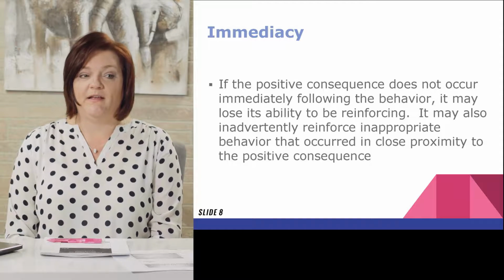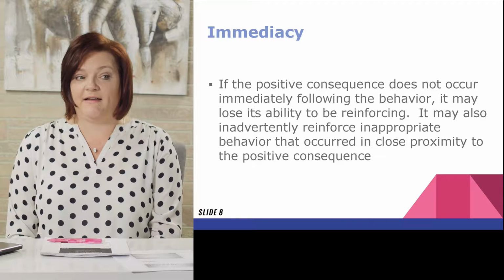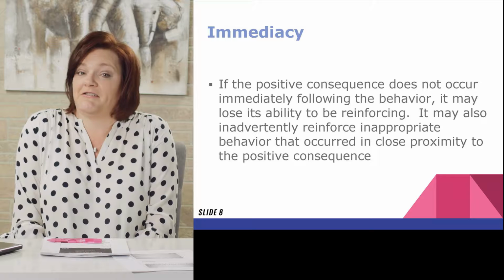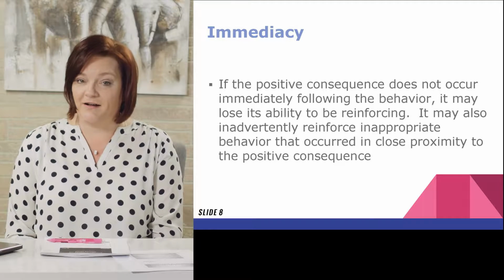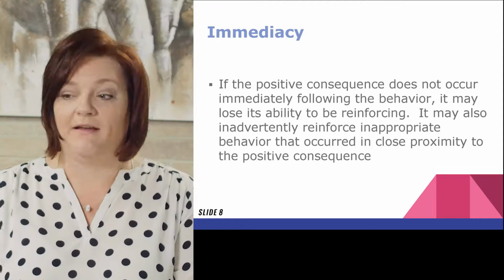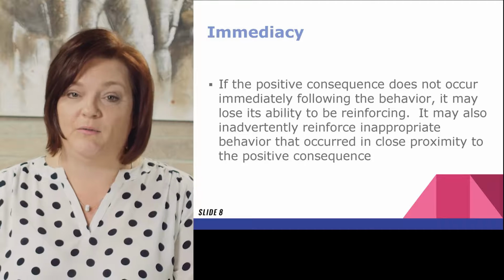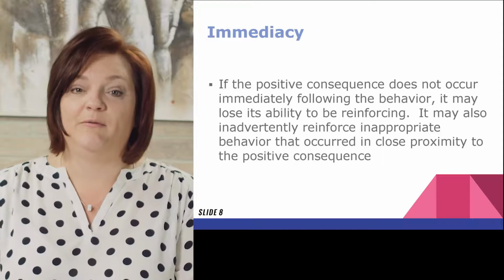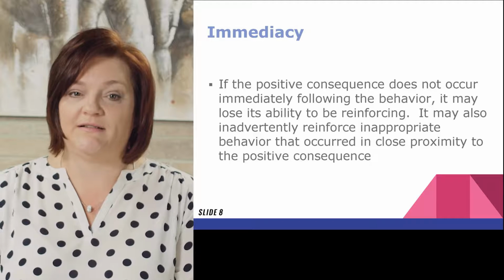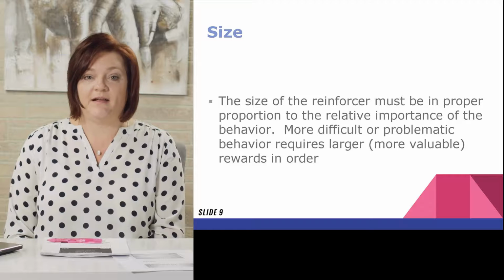For example, if you have a child that sloughs and you don't catch that behavior for a week, and that child hasn't had a consequence for sloughing for a week, we haven't immediately paired a consequence for sloughing with the behavior, and we might accidentally be encouraging their sloughing because they haven't earned a consequence for it. Size is another important factor in social learning theory.